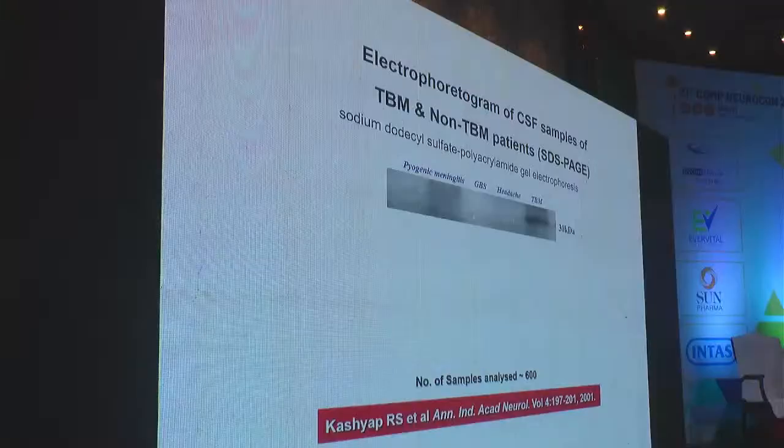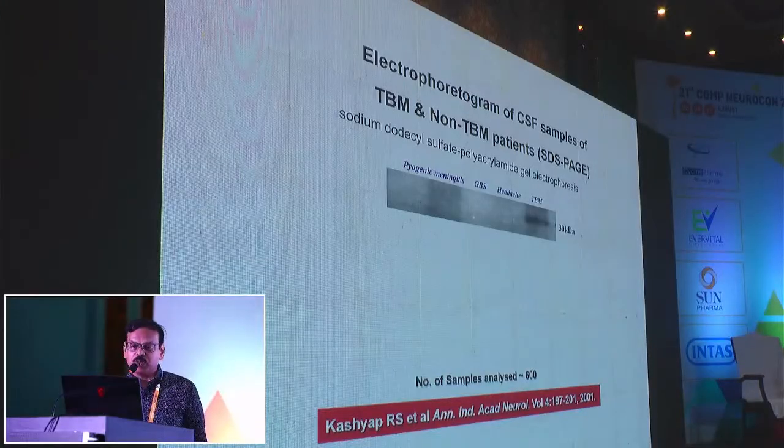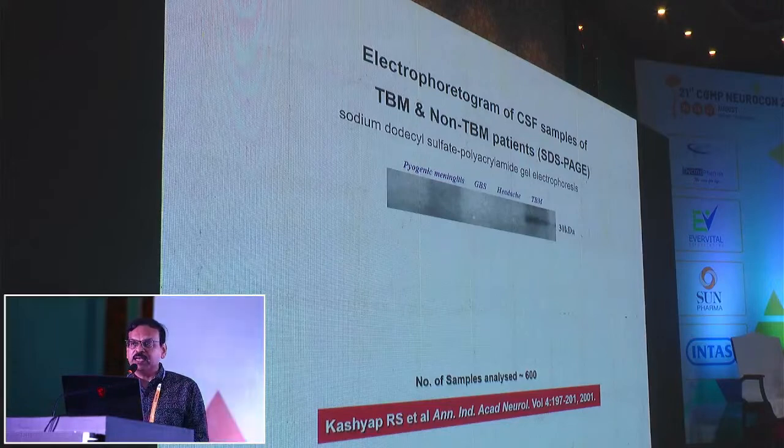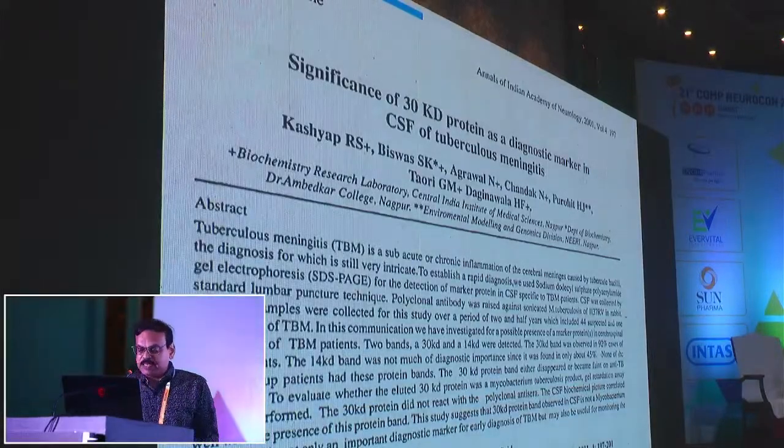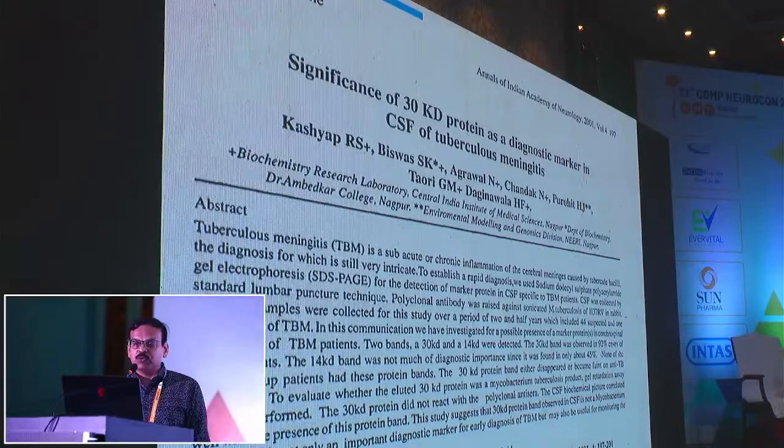So what we did was, we did electrophoresis of the CSF of patients with tubercular meningitis, and this electrophoresis showed a typical 30 kD band in patients of tubercular meningitis. We published this in a paper where we published about 45 cases, and we found that the 30 kD band was positive in around 92% of cases.